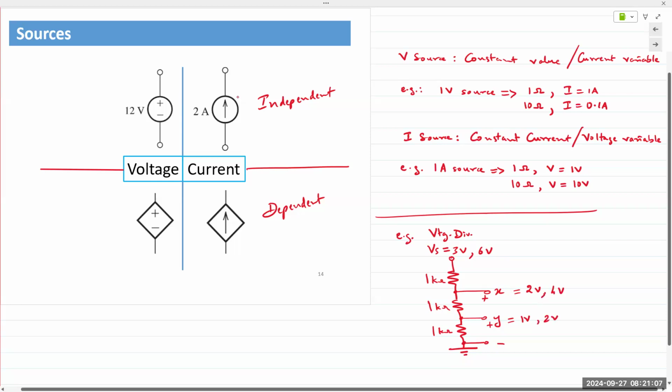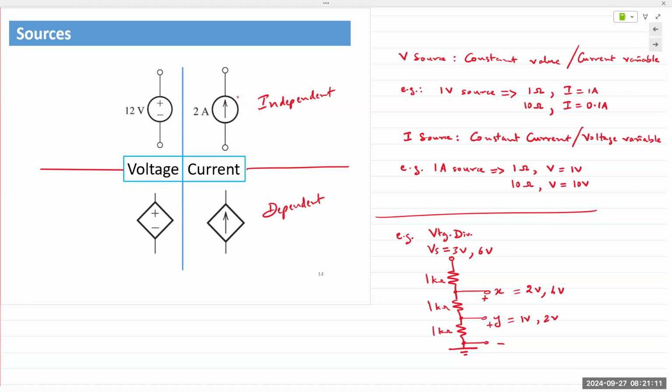So it supplies a constant value. It is behaving like a voltage supply. The points X and Y are behaving like a voltage supply, but that output at X and Y is dependent on the actual source Vs. So you can model points X and Y as a dependent voltage source that is dependent on another quantity.